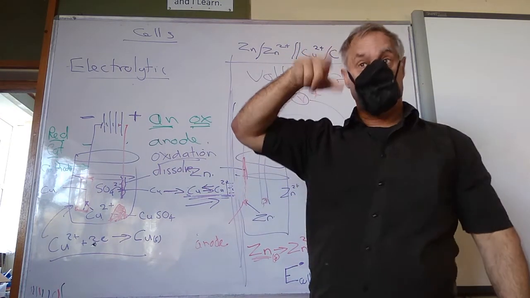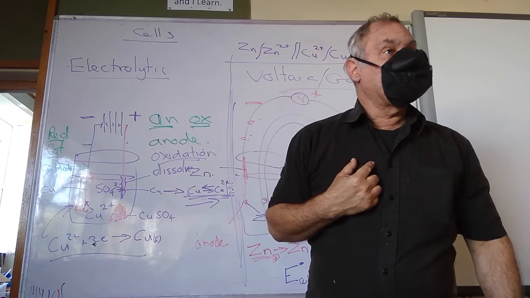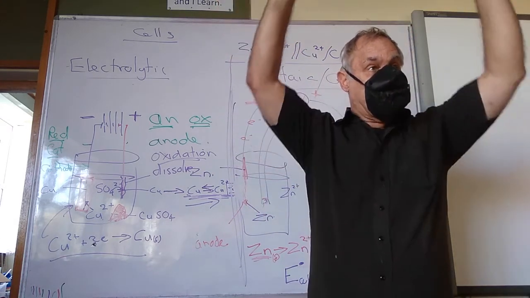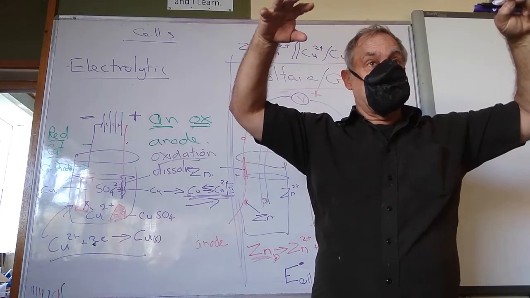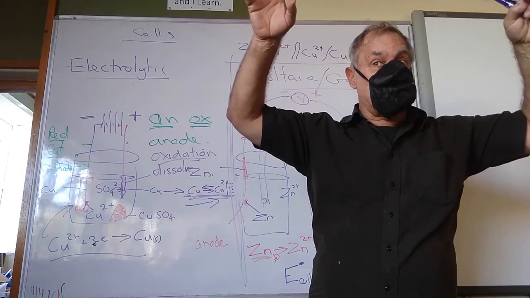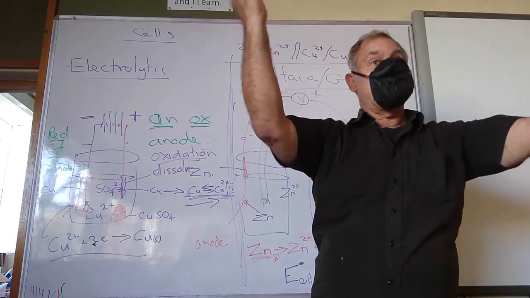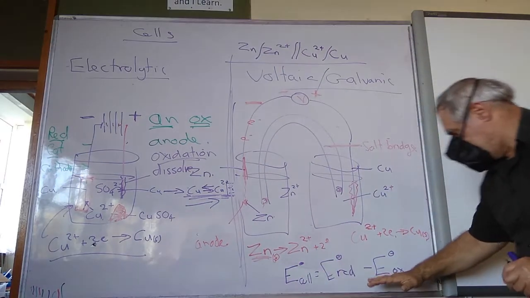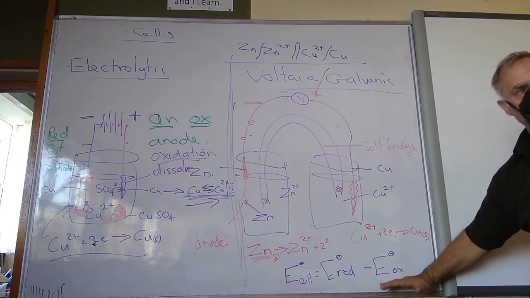Now this is what you do. Do you remember we said we take the first half reaction, the one near the top. That is the oxidation reaction. We reverse it. That means we make it minus. So this is your top reaction, it is minus.